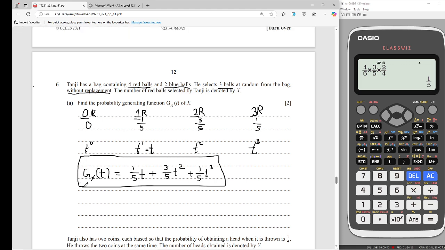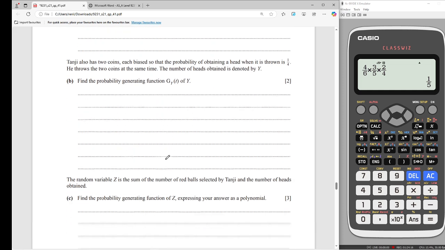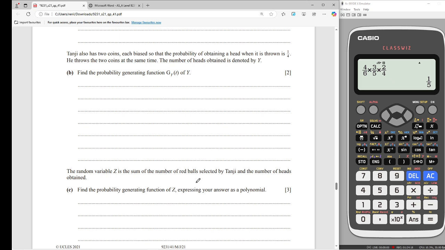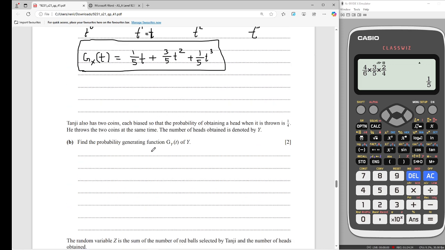But if you look at the question, it's a bit of planning ahead. You will see that the PGF of Z is the number of red balls selected by Tanji and the number of heads obtained, which is the PGF of Y, which means we'll have to do some multiplication of polynomials. To make this much easier, we can factorize 1 by 5 t out of the entire equation, and we have 1 plus 3t plus t squared.